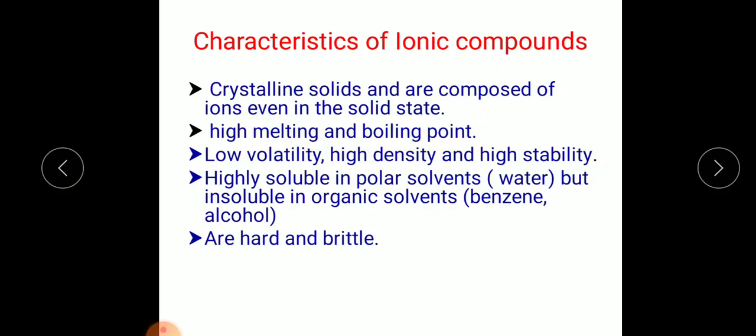That means they melt as well as boil at very high temperature. Ionic compounds have low volatility, high density and high stability. Next, ionic compounds are highly soluble in polar solvents like water, but they are insoluble in organic solvents like benzene and alcohol. And ionic compounds are hard and brittle.